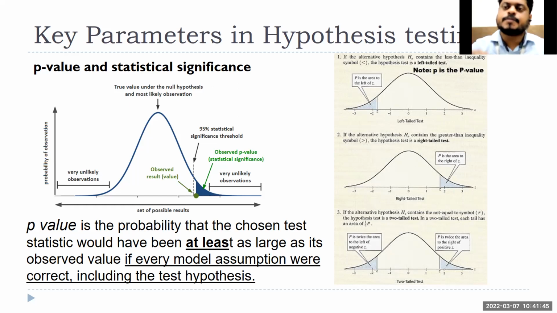If that probability is very high, it means the null hypothesis is true. If the probability is very low, the null hypothesis is wrong and can be rejected, right? So whenever we do hypothesis testing using this method, we believe our null hypothesis to be true, and we try to find out, if the null hypothesis is true, what is the probability of getting this result?